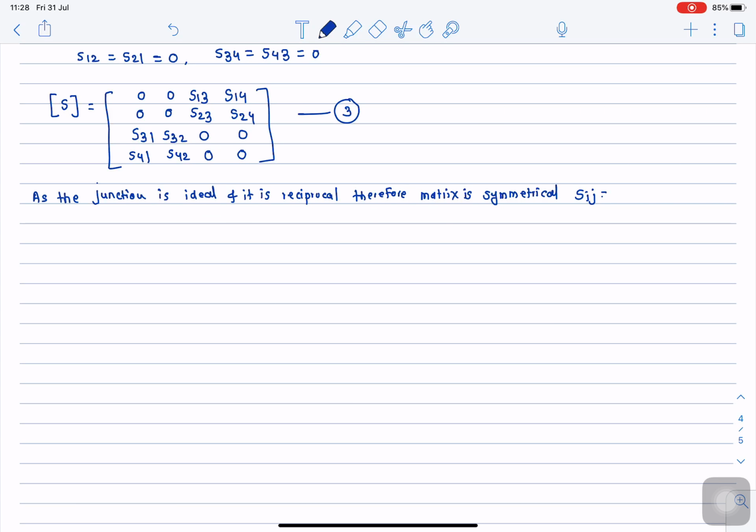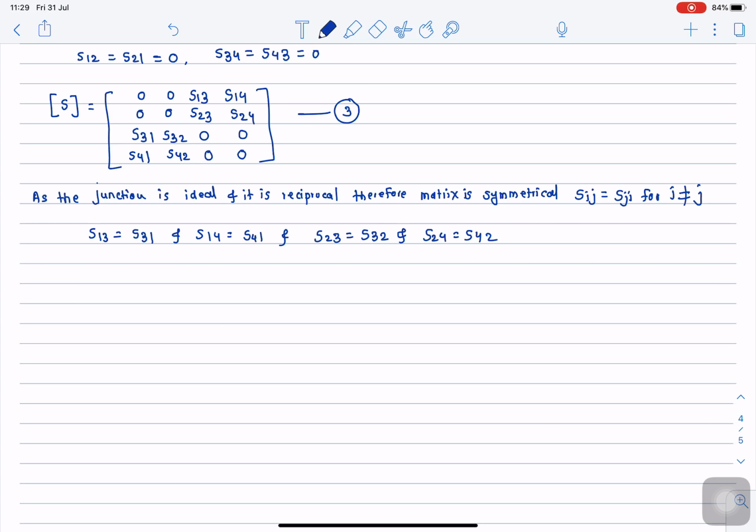Sij is equal to Sji for i different from j. So this you should know. Therefore, S13 we can write as S31, and similarly S14 as S41. S23 can be written as S32 and S24 can be written as S42. So we replace these terms in equation number 3 with the scattering parameters.